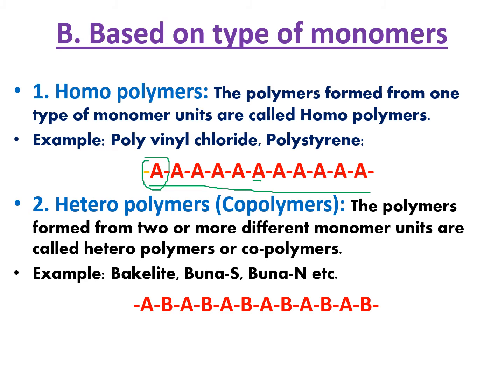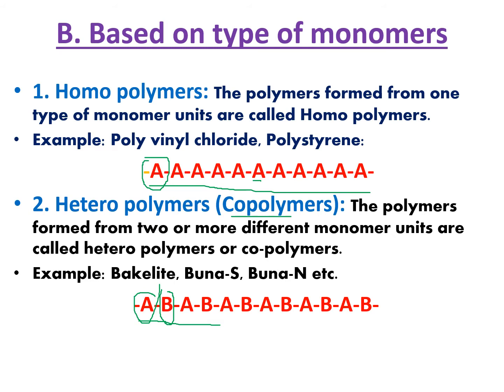And the next one is heteropolymer. It is also called copolymer. Here, not only one monomer but more than one monomer is present in the polymer chain. That means the repeating unit is not the same. If you observe here, A connected with B, B connected with A, connected with B. So there are two types of monomers, A and B. If a polymer chain has more than one type of monomer, then it is called a heteropolymer or copolymer.